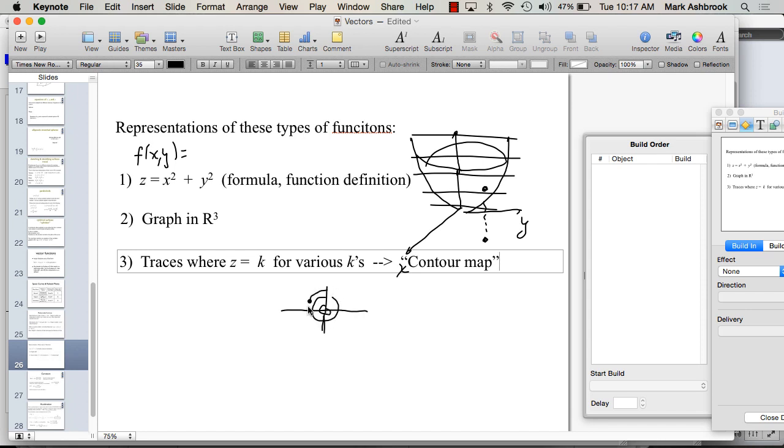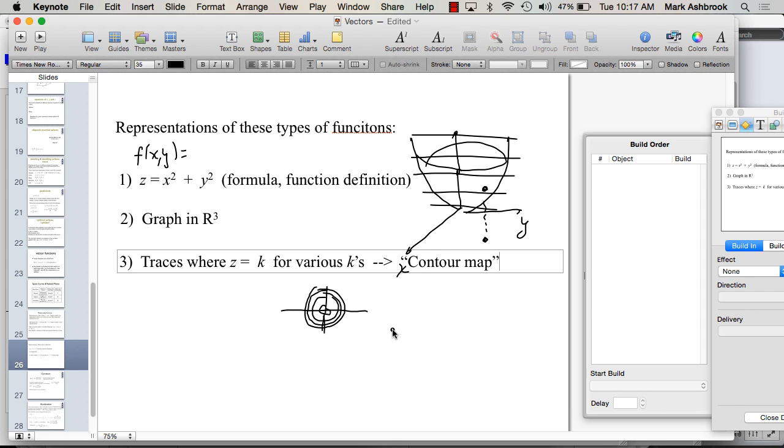Closer together, right? Because going up in z, you have less change in radius as this thing gets bigger. So those are going to get closer and closer together, showing that when the contour lines are close together, the surface is more steep. And when the contour lines are further apart, it's more shallow, like in the middle.